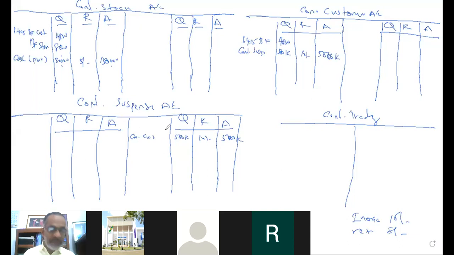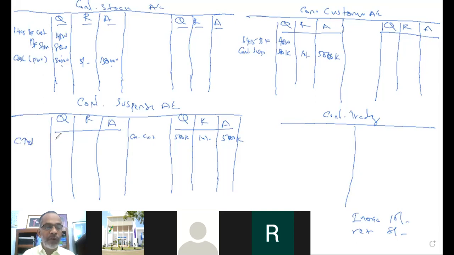When you send the item to customers, there will be 4 records we have discussed. Number one, container customers account debit, container suspense account credit. Again, container suspense account debit, container what account credit? Trading account. Therefore, I am writing here container trading account.